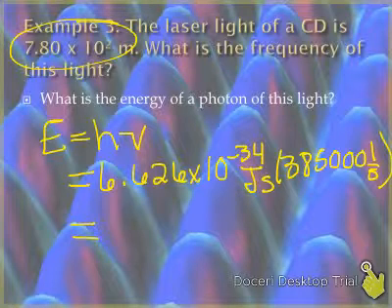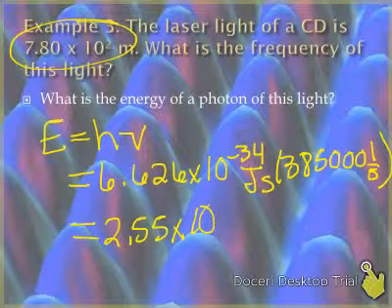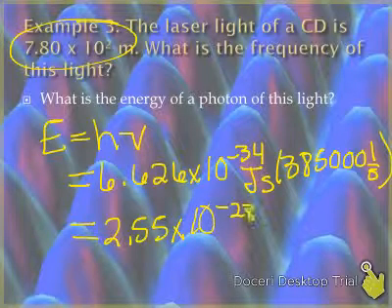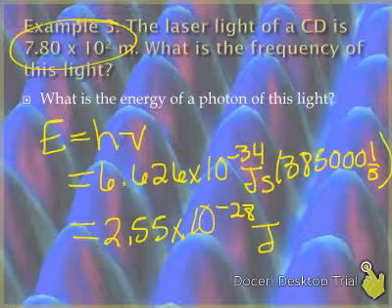So we're going to round to keep 2.55 times 10 to the negative 28 joules. Small amount of energy, right? Why do you think it's such a small amount of energy? It's a particle. It's a photon. Tiny, tiny, tiny. We're talking about an electron, right?